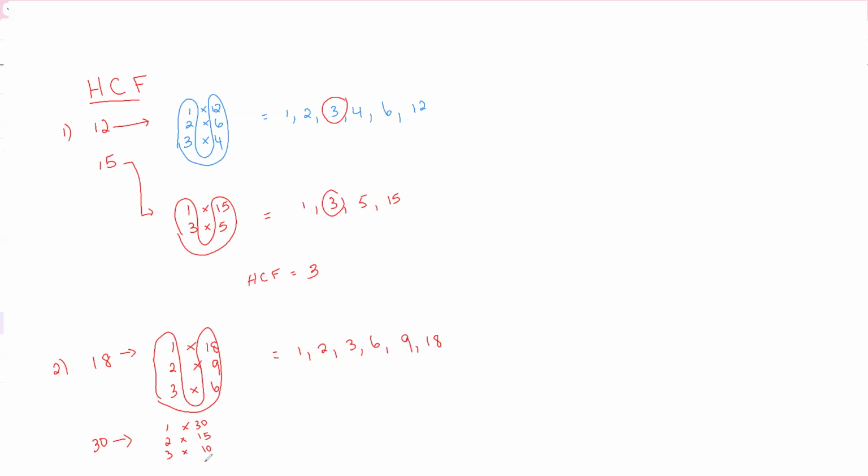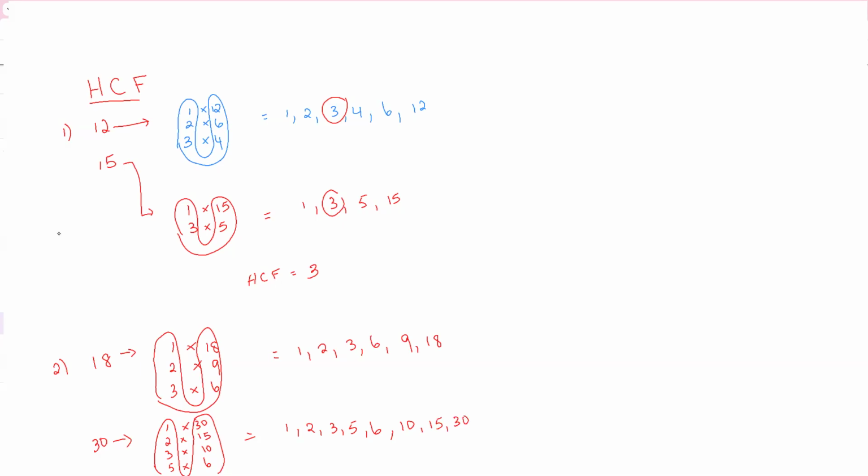How about 4? No, but 5 can. 5 times 6. And then you realize it forms a loop of all the numbers that can divide into it without leaving a remainder. So that will be 1, 2, 3, 5, 6, 10, 15, and 30.